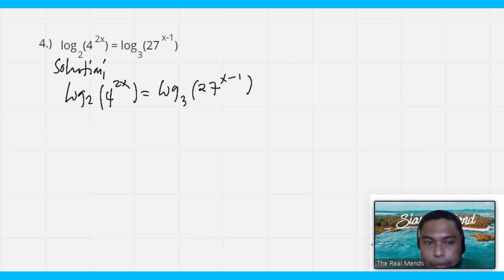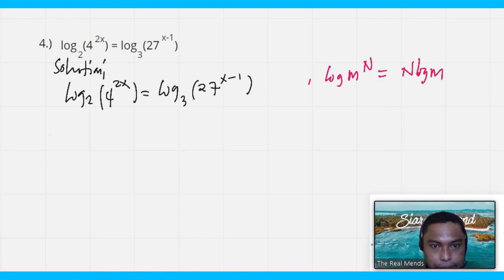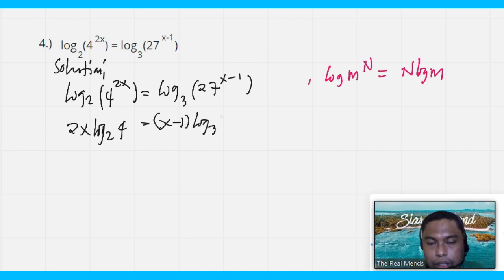And we all know, again, from the first property, if we have log of m raised to n, this is just equal to n log of m. Therefore, this can be rewritten as 2x log base 2 of 4 is equal to x minus 1 times log base 3 of 27.